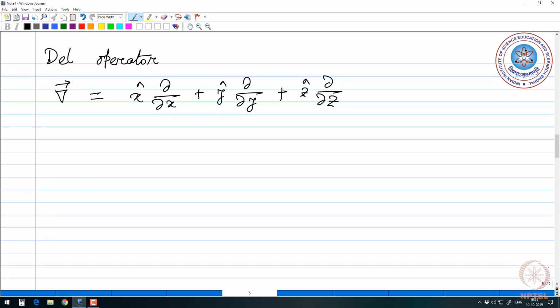Although this is a differential operator, it looks pretty much like a vector. And just because it looks like a vector, we can define its product with a scalar, and its product with other vectors that would look like a dot product or a cross product. But we have to remember that it's not really a dot product or cross product of vectors, rather it is a differential operator. We have to be careful about that.